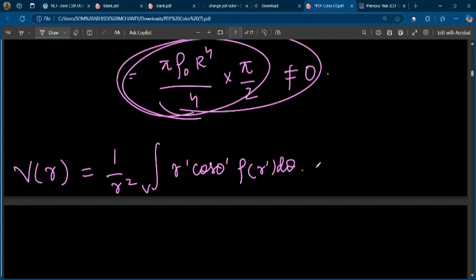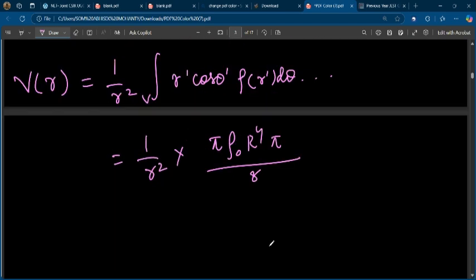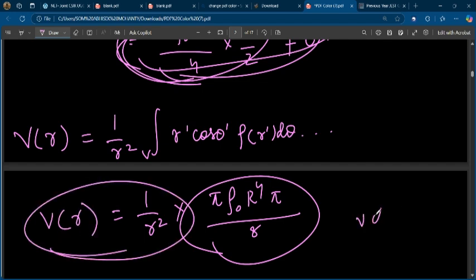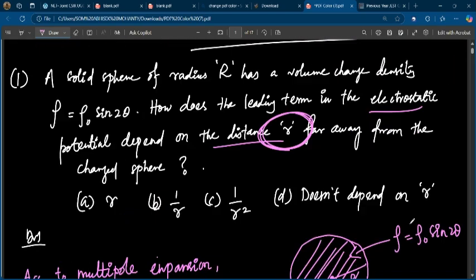So 1 by r square, the whole integration is this much: rho naught r fourth pi by 8. This is a constant quantity. We need the dependence of potential upon r, which is this. So V is inversely proportional to r square. So this is the answer. It's a very good question.